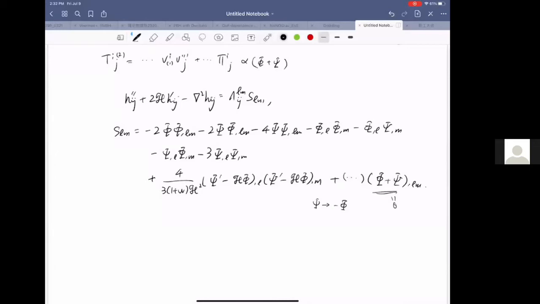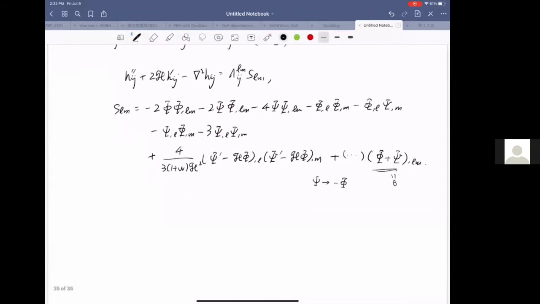So you can find that the first two lines become just one term, plus the second term, plus some total derivative.